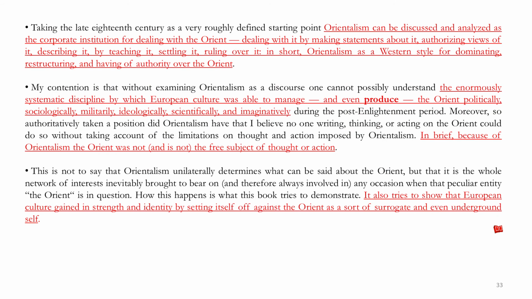"Orientalism can be discussed and analyzed as the corporate institution for dealing with the Orient, dealing with it by making statements about it, authorizing views of it, describing it, teaching it, settling it, ruling over it. In short, Orientalism is a Western style for dominating, restructuring, and having authority over the Orient."